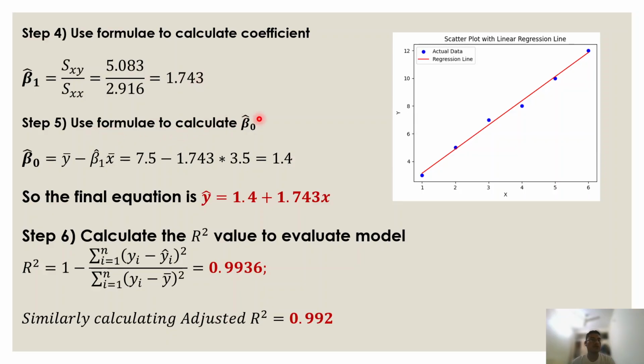Step 5: use the formula to calculate beta 0. I know the means, and based on them I put in all my values, so I get the intercept equal to 1.4 along with the slope. The final equation is y hat equals 1.4 plus 1.743x. That's exactly what your model is.